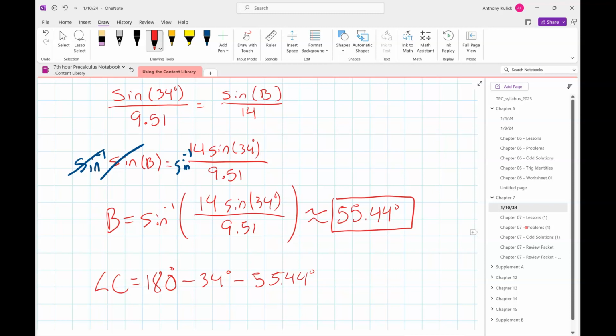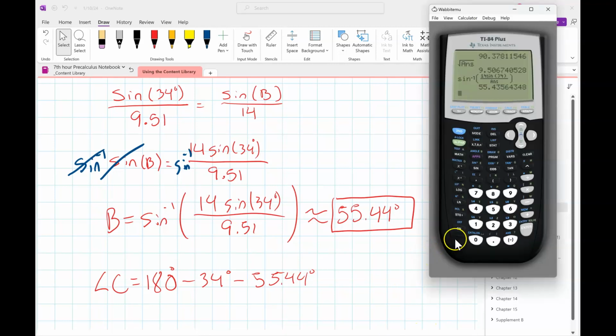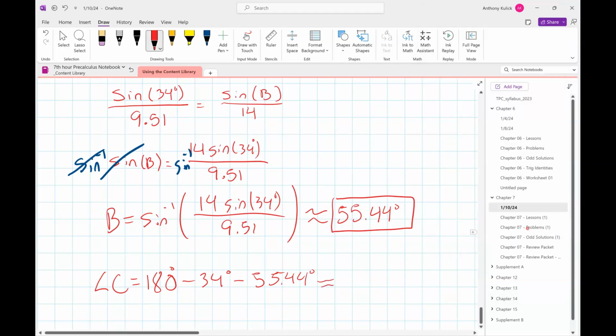Right? Shouldn't that do it? Remember, you should always get one value. One of the angles you're going to find is always going to come from that little trivial thing. So 90.56. So far, so good?